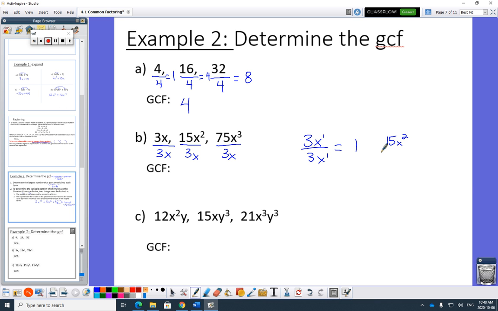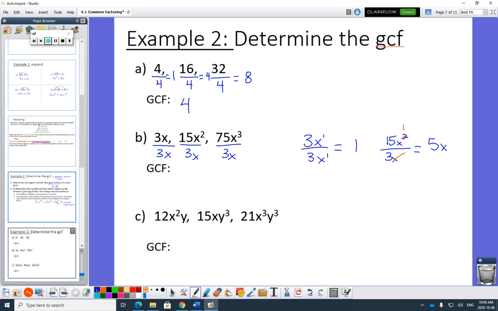Then 15x squared divided by 3x. 15 divided by 3 is 5. x squared divided by x: again, you're subtracting. You're left with 5x. If you are the kind of person who likes to cancel, you can do that too. This x cancels with one of these, and there's 1 left over. That's an option as well.